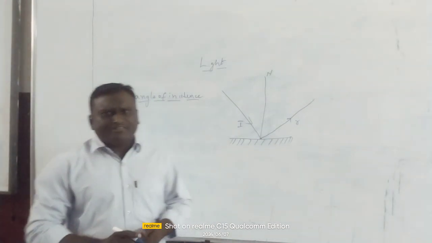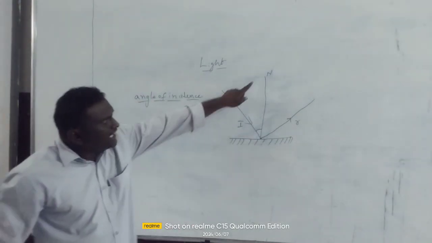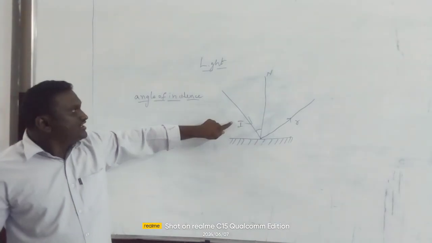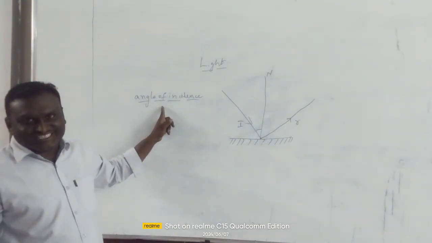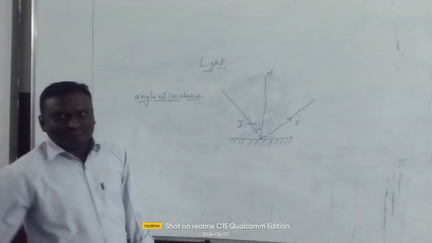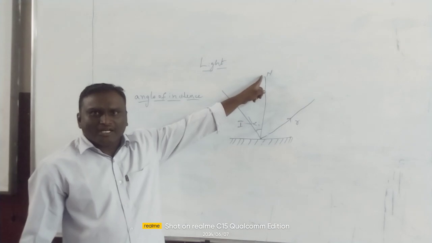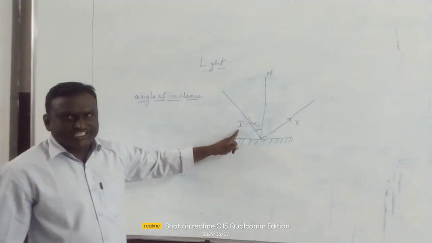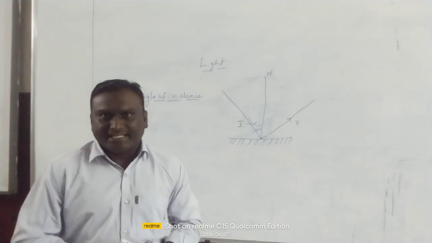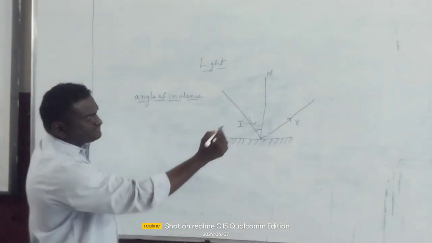The angle between the normal and the incident ray is called the angle of incidence.